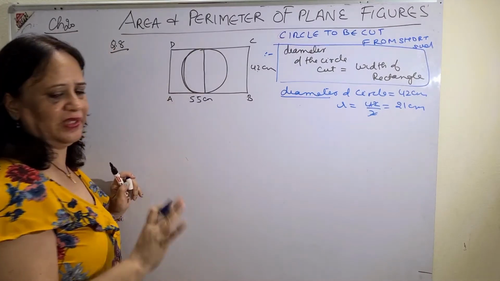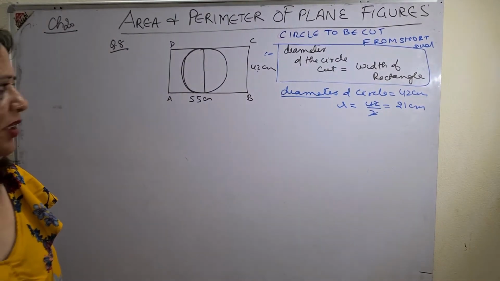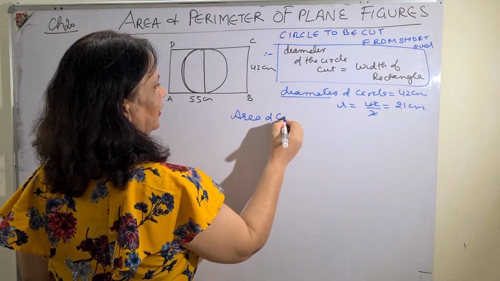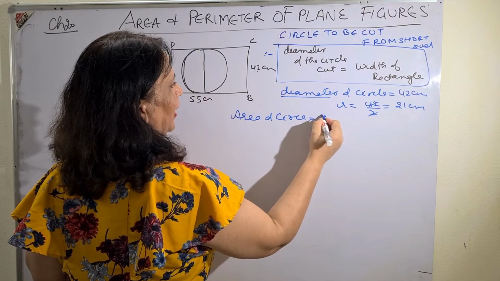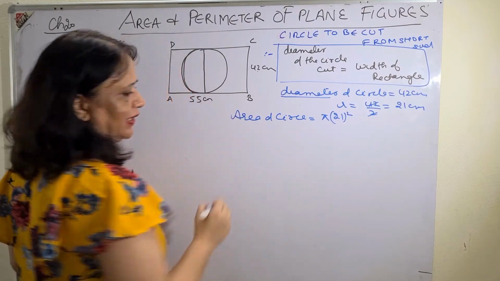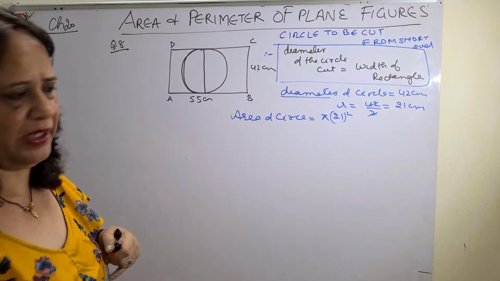So I covered the first concept. Then he says find the ratio between the area of the circle... I can find the area. Area of the circle is very simple. Pi r square means 21 square. And second, the ratio between the area of the circle cut and the area of the remaining cardboard.